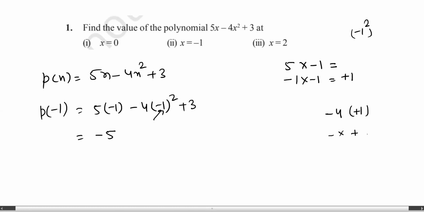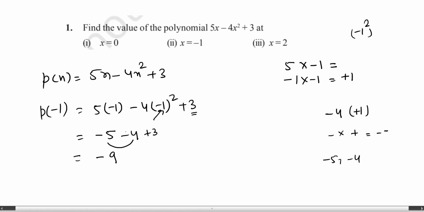Plus into minus, you will get minus. So you will get minus 4 and then plus 3. So -5 and -4 are added. You will get -9, plus 3.